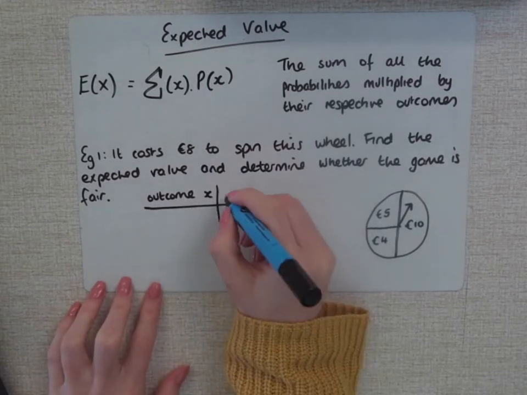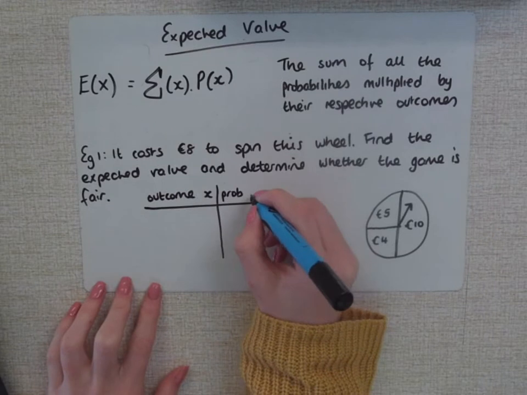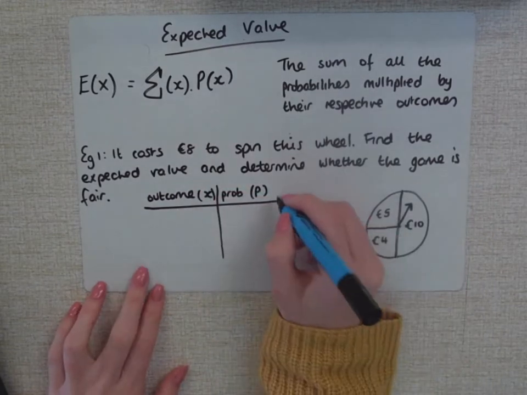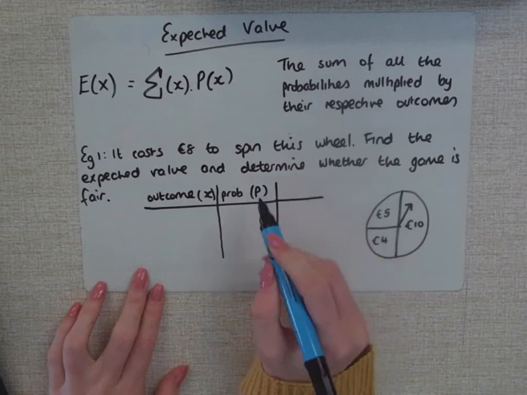Your outcome, your probability, and then when you multiply the two of them together.